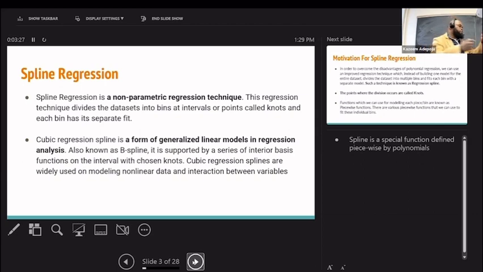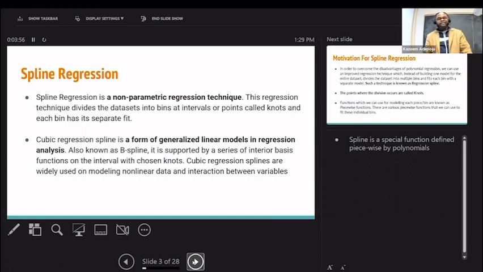The more we go up in the order of polynomial, you're going to see that R square gets higher, telling you the model is of high quality. But as I told you the other time, the problem we face when we continue to increase the order of polynomial is overfitting.